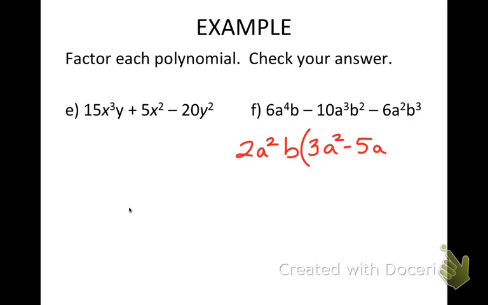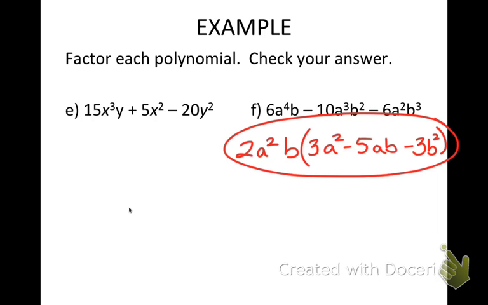If I had 2 B's, take out a B, I'm left with 1 B. Bring down your minus. 2 times what is 6? 3. If I had 2 A's, take out 2, no A's. 3 B's, take out a B, B squared. Done. All right.